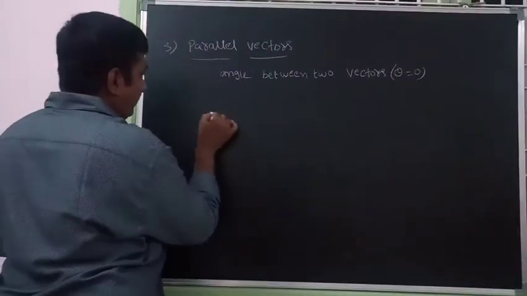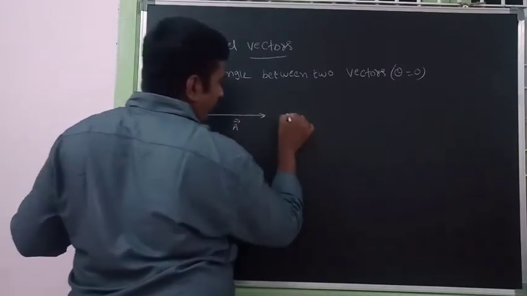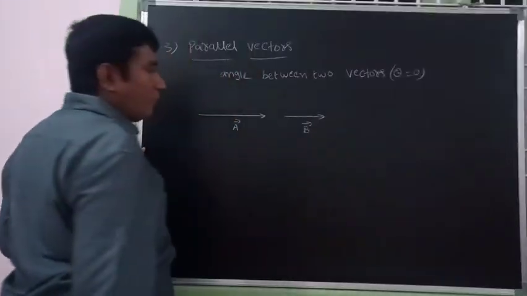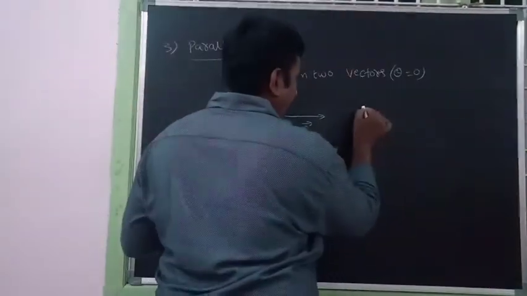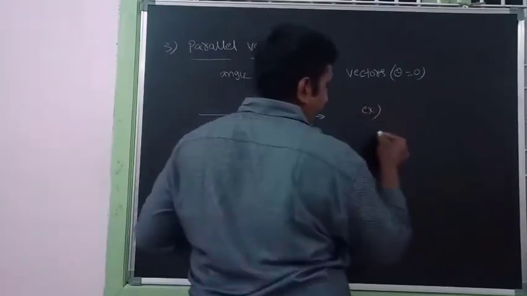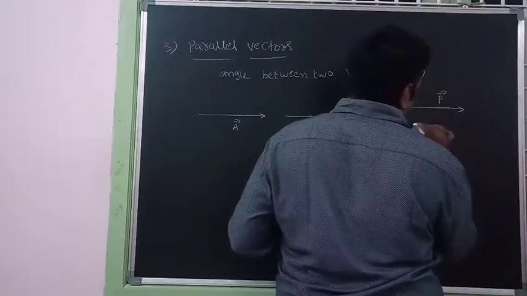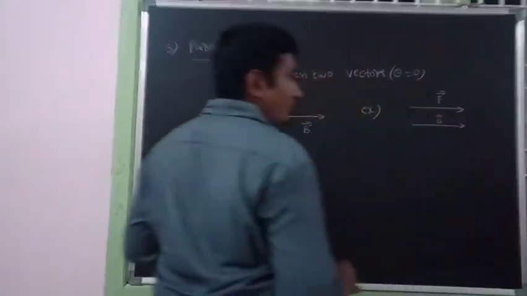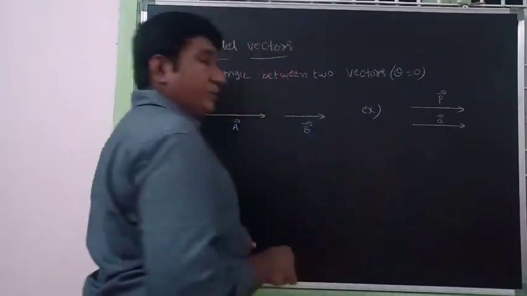So I can show it like this: if this is an A vector and this is a B vector, these two are parallel with each other. Or we can take an example like this also: P vector and Q vector. But you should not take any angle other than theta.